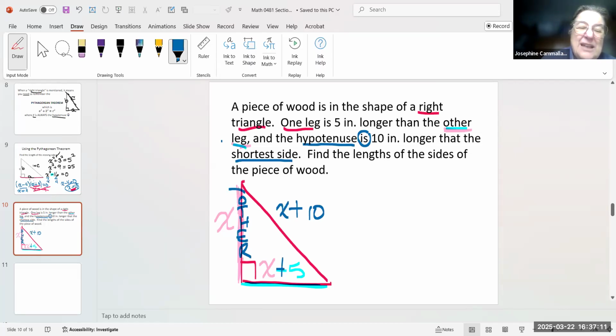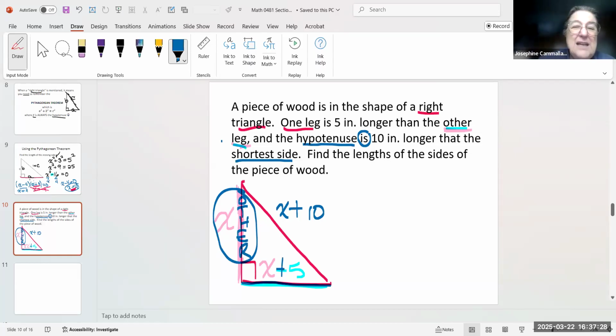Well, if you think about it, this has got to be the shorter side because this side here is 5 inches longer. So X is the shorter side.